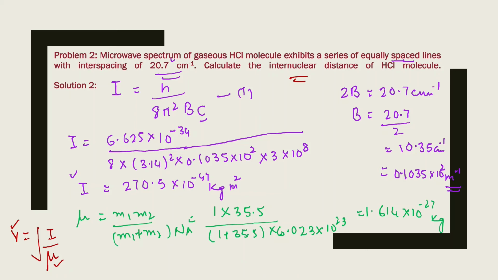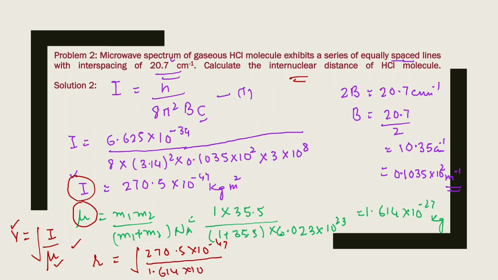Now I'll substitute the value of I and the value of mu in the final expression. So r is equal to under root of moment of inertia, that is 270.5 times 10 raised to the power minus 47, divided by the reduced mass, that is 1.614 times 10 raised to the power minus 27 kilograms.